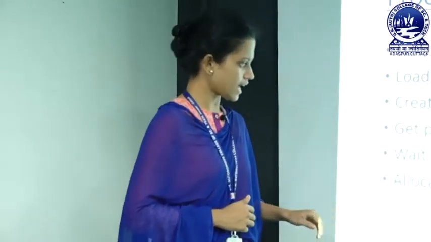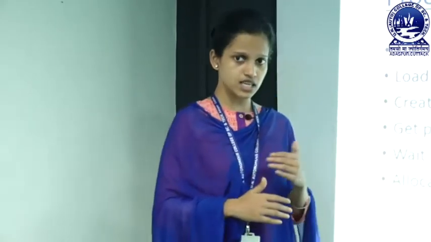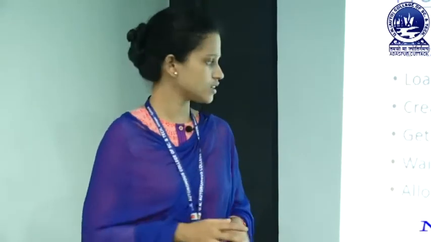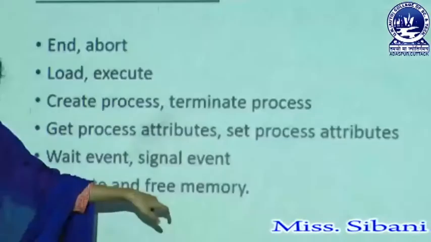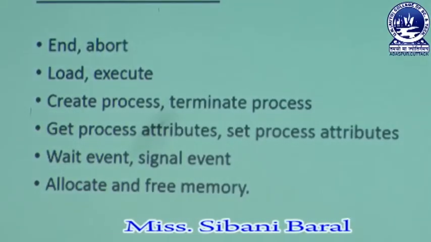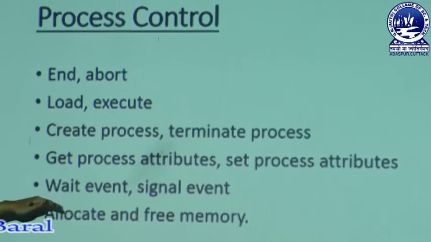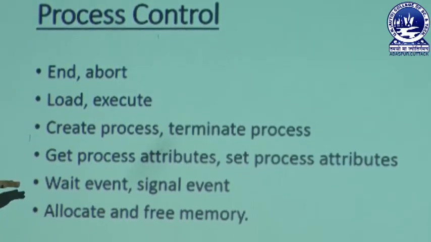After its execution completes, it has to deallocate those resources, so for that there is the free memory system call. So these 5 types of system calls come under the process control system calls.